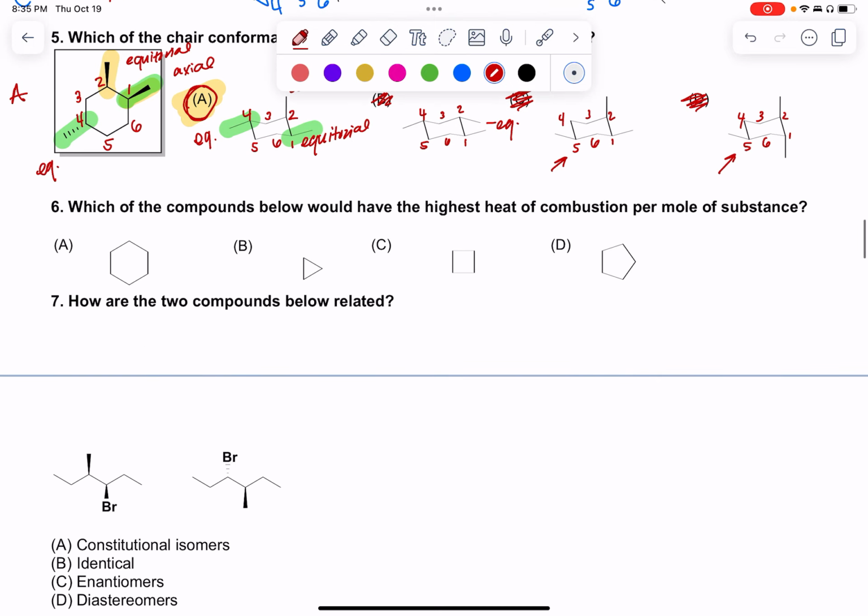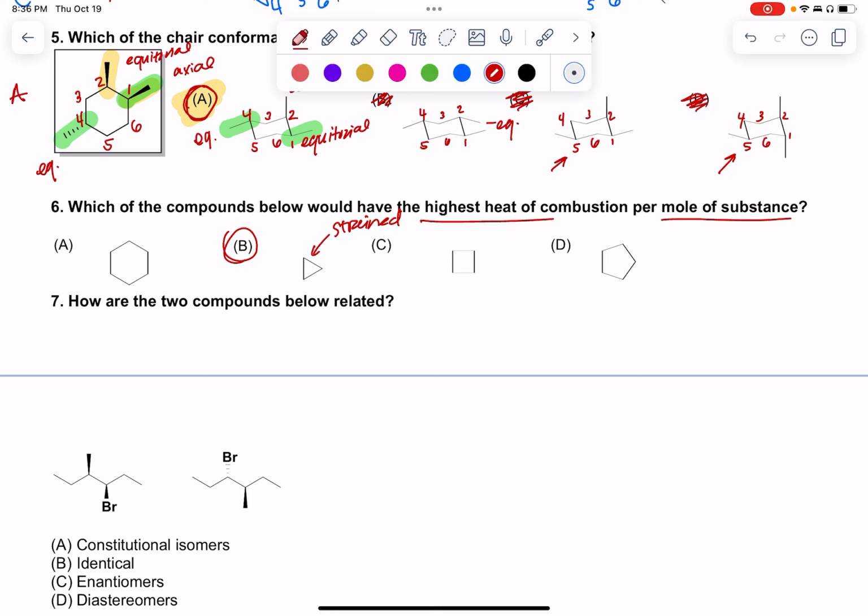Okay. Which of the compounds below would have the highest heat of combustion per mole of substance? Highest heat of combustion per mole, that means it's got the highest energy. It's B. I know that because this has so much strain. It's so strained. This one's going to have less.